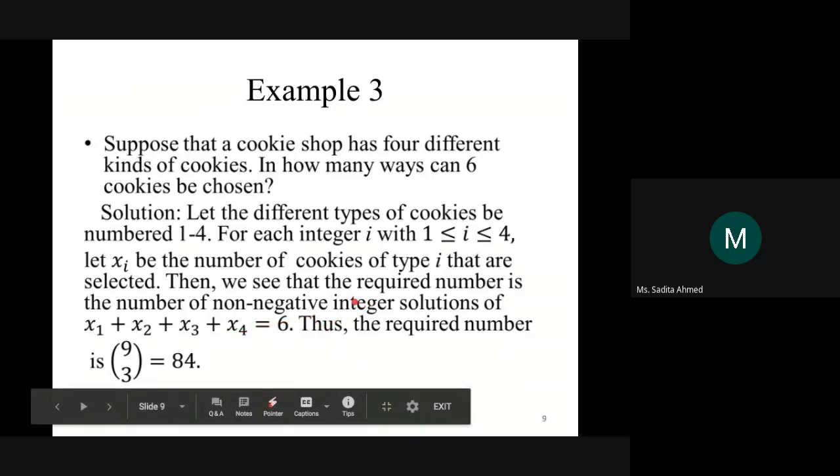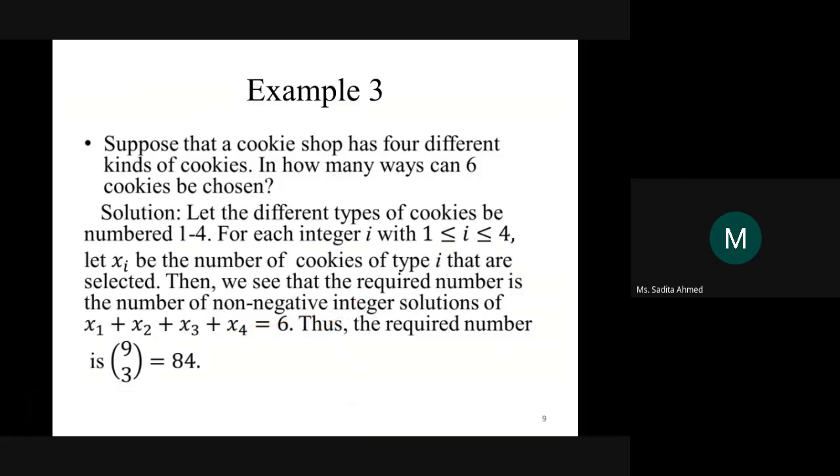Can you not think of it that way? Each of x1, x2, x3, x4 are 4 distinguishable boxes where you put the cookies. Let's say you take a tiffin box or whatever. There are 4 partitions there. So you take the cookies and put them in each of the 4 partitions.